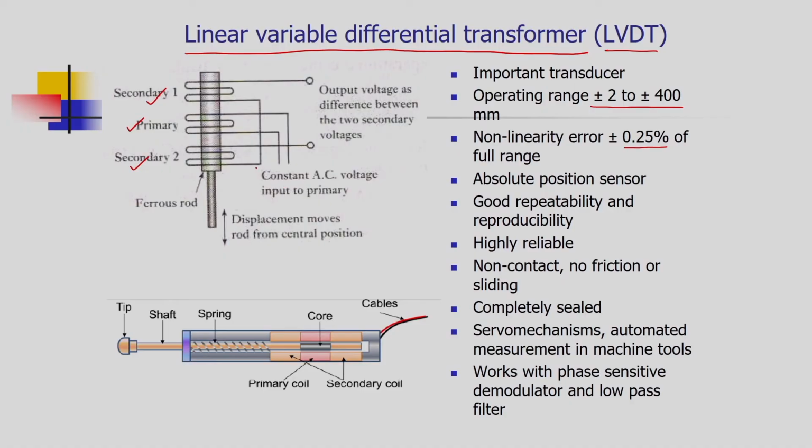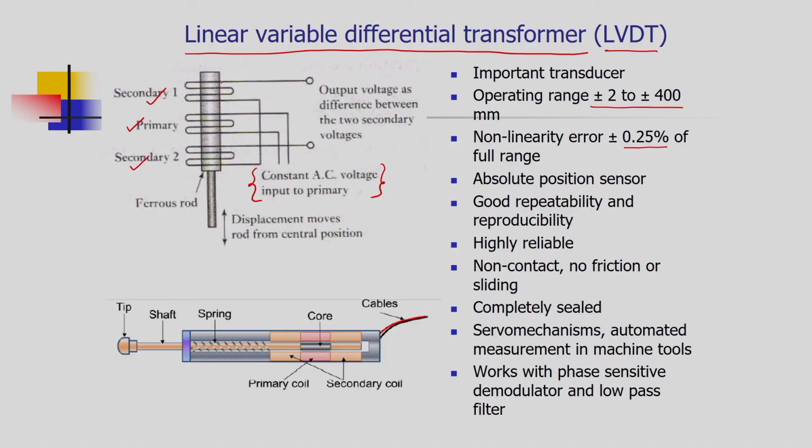We apply a constant alternating current voltage to the primary coil, and secondary coil number 1 and secondary coil number 2 are connected in such a way that their output voltage difference is 0. So, there is a phase change in the connection of secondary coil number 1 and secondary coil number 2.